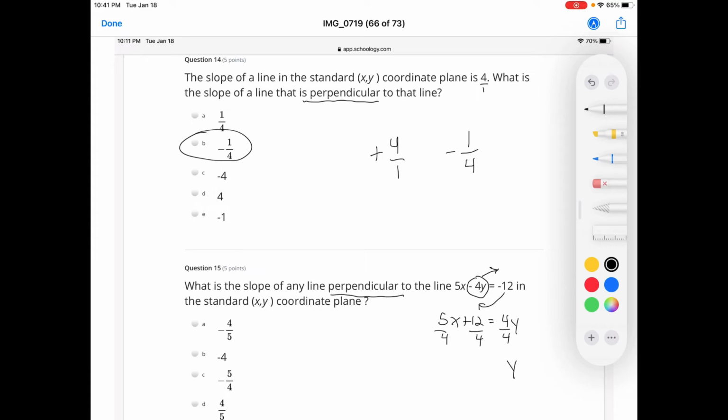So I get y equals 5 over 4x plus 3. This is the number I'm looking at. That's the slope of the line. And I want to know what is the perpendicular slope to positive 5 over 4. Well, positive 5 over 4, the perpendicular would be negative 4/5.